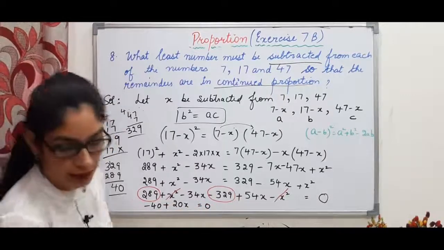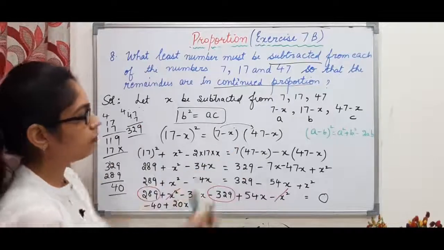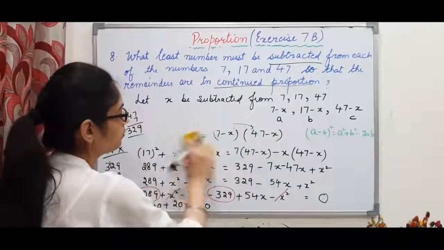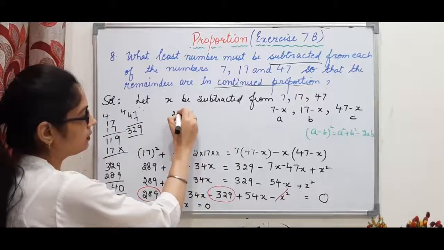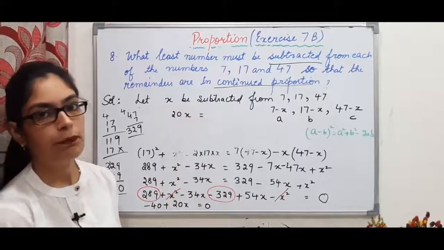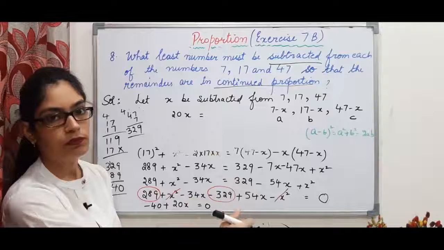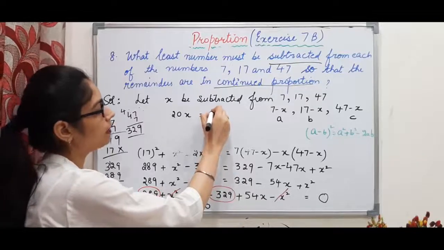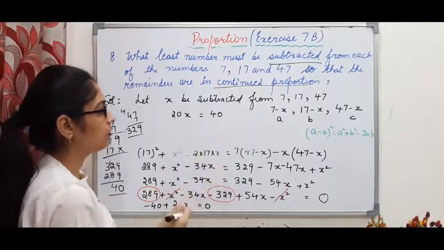Now see, value of x we have to find, because x we are subtracting from each of the terms. So x term we will write on this side, 20x is equals to minus 40, because step by step all the other terms we have to shift to the other side. Minus 40 we will shift first, so it will be changed to plus 40, 0 plus 40, so 0 plus 40 directly I will write as 40.